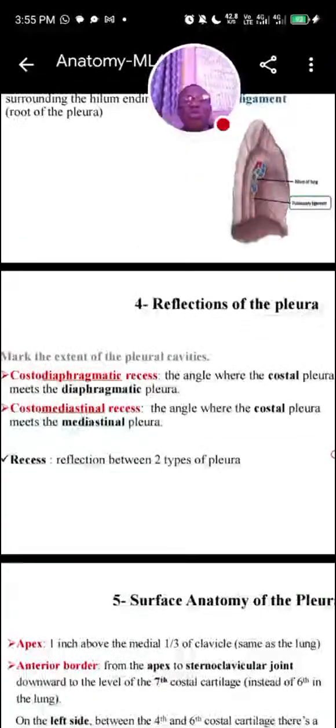And then there's something we talked about, where we say hilum is a mediastinal pleura, in such a way that the parietal and the visceral will later form a sleeve, which will now continue as pulmonary ligament.